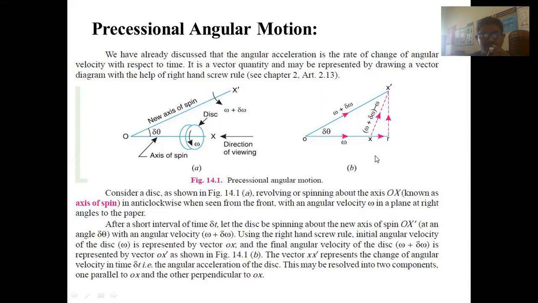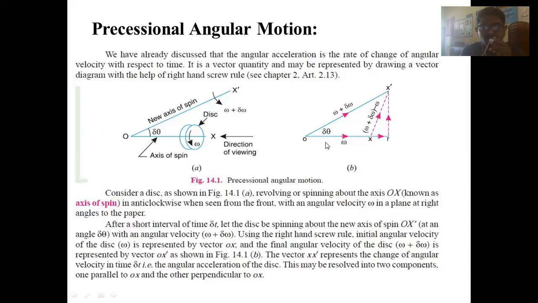Now this disk is rotating in anti-clockwise direction like this, so I have to fold my fingers like this, and then the thumb direction will be like this. In this direction the vector will be as shown in figure B, so I have to draw the vector diagram like this.